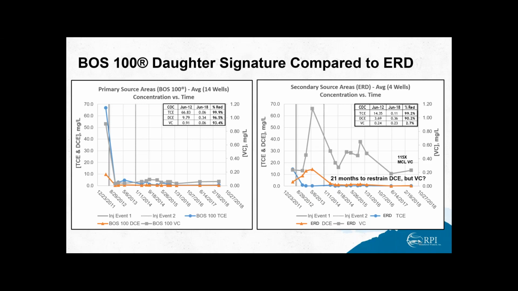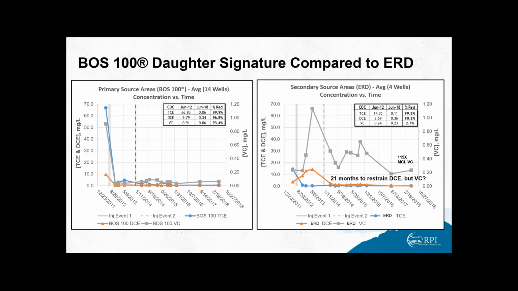This actually embodies the lessons that we've been talking about. The beta elimination pathway, which is being expressed on the left-hand side, the BOS 100, is producing very low daughters. The EDR pathway, which is prone to produce daughter products, is producing daughter products. So you see the DCE lump, and you see the vinyl chloride sustained.